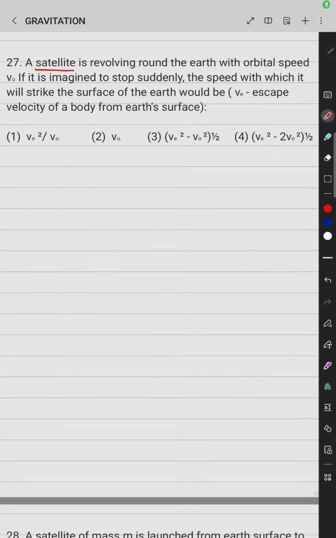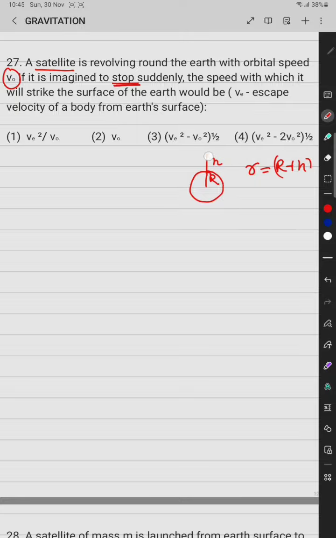A satellite is revolving around the Earth with orbital speed v naught, and it is stopped suddenly. According to the given problem, if the satellite is at height h and the radius of the Earth is r, then the orbital radius is equal to r plus h.